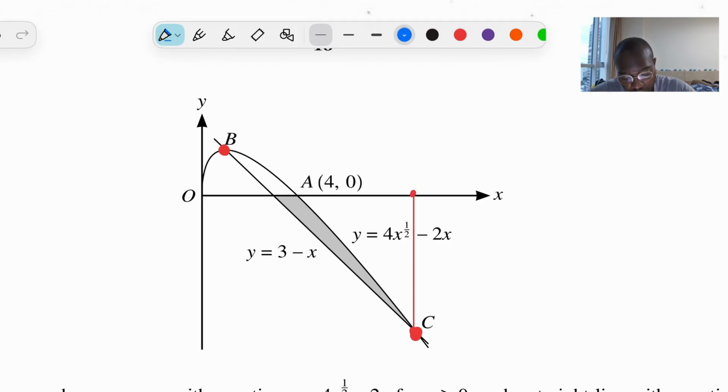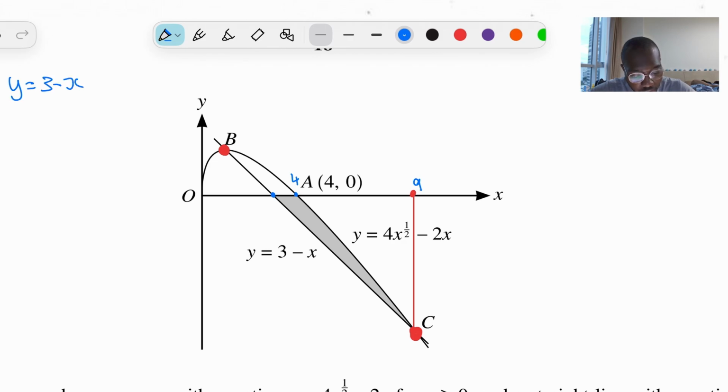We know that point has x coordinate 9, because we worked out the x coordinate of C, so that must have an x coordinate of 9. We know this one has 4 from what they tell us. And we don't know what this point is yet, but we can work it out, because obviously we have y equals 3 minus x.